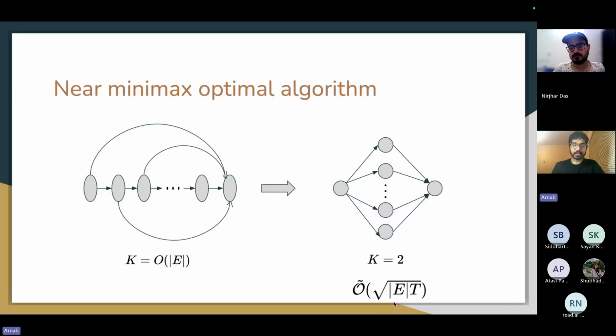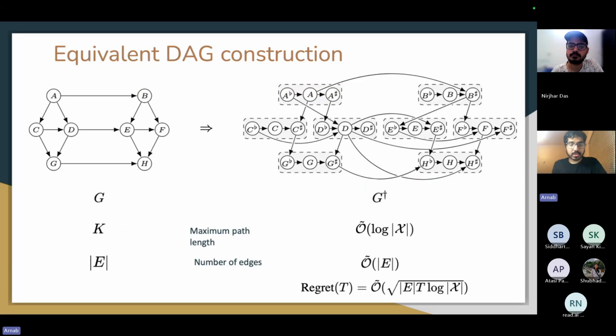So I can just have square root E T, and assign the weight of the path to one of the edges. So that was the intuition. For this, it was pretty clear how to do it, but for arbitrary DAGs, it's not so trivial to see how to make this conversion happen. So that was also one contribution in our paper.